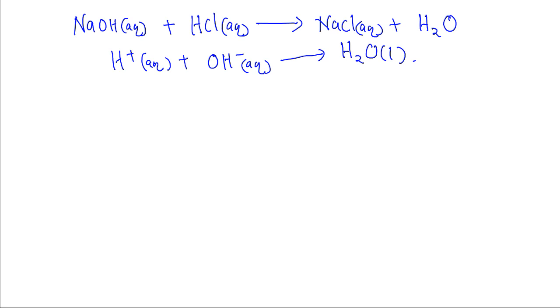Now, sodium hydroxide is an Arrhenius base, reason being that it dissolves in water to give hydroxyl ion as the only negatively charged ion. Similarly, hydrochloric acid is an Arrhenius acid because it gives hydrogen ion as the only positively charged ion.